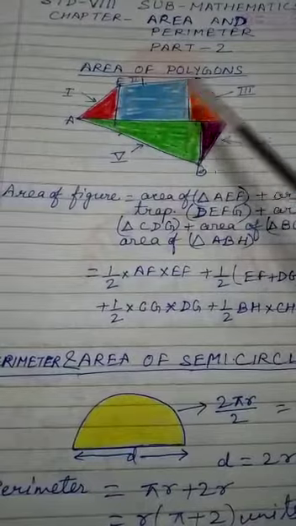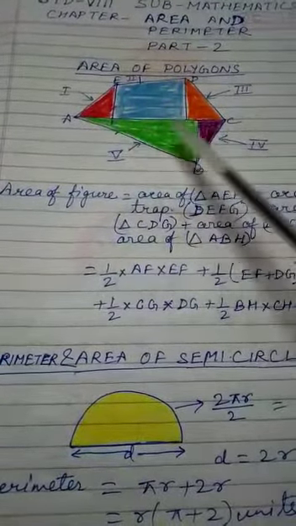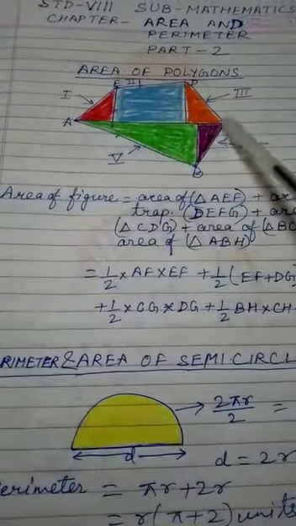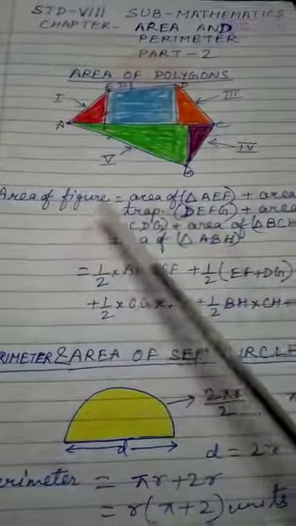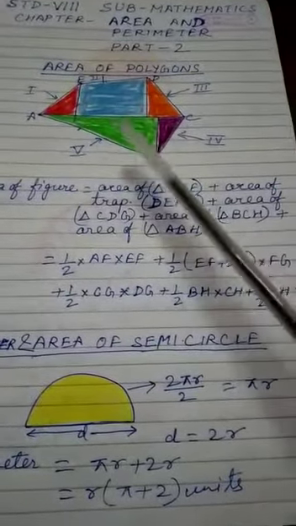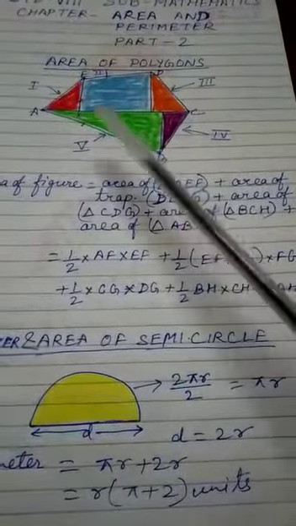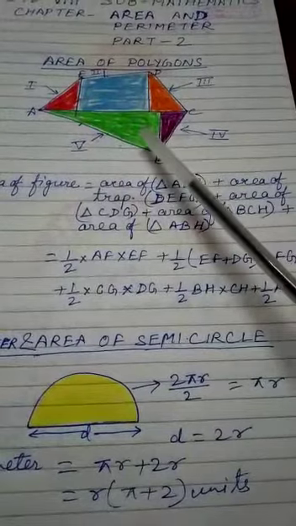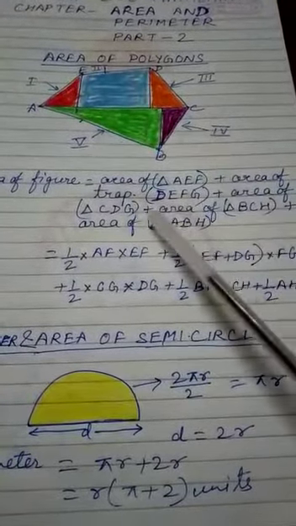As you can see, I have shaded here with different colors that represent different areas. So to get the area of the whole polygon, whole figure, we have to find out the area of different figures. Those 5 figures are here in the form of triangles and trapezium. Sometimes you can get them in terms of rectangles or squares as well.